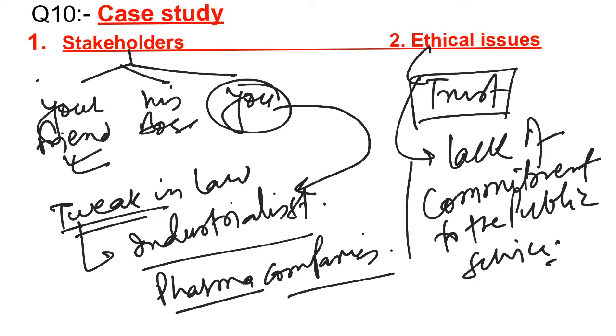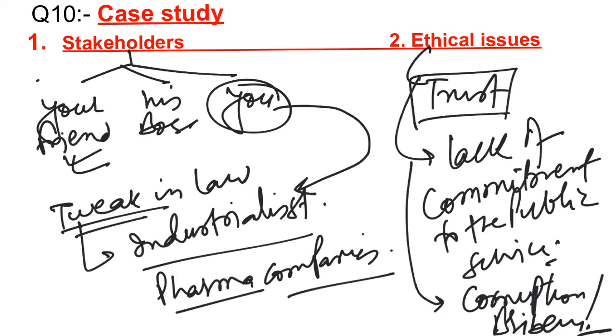And there is also a likely chance that when he was tweaking the rule and that benefited some of the pharma companies, he has also earned something. So basically corruption and bribery are also involved. That is the value, or you can say the oath to the constitution, that has been defeated by your friend. So these are the things which can be mentioned here.